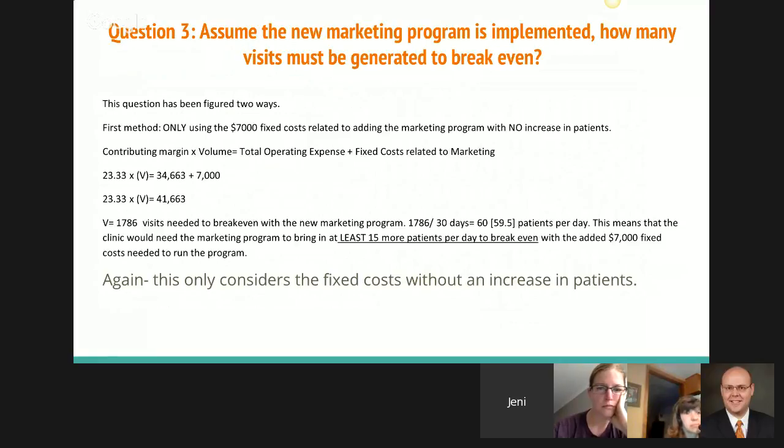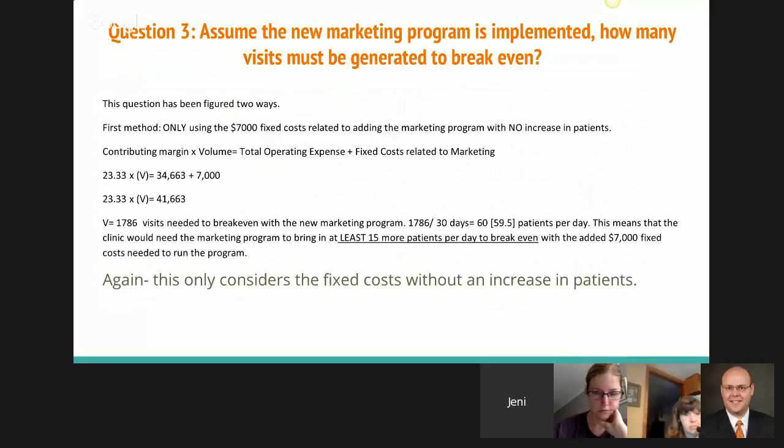According to our calculations, we would have a volume of 1,786 visits that would be needed to break even with the implementation of the new marketing program. If you divide that by 30 days, it equals approximately 60 patients per day that would need to be seen.